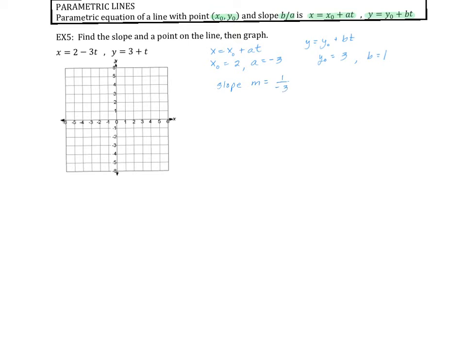And the point that it's going to be passing through is our x sub 0, y sub 0, which would be the point 2, 3.